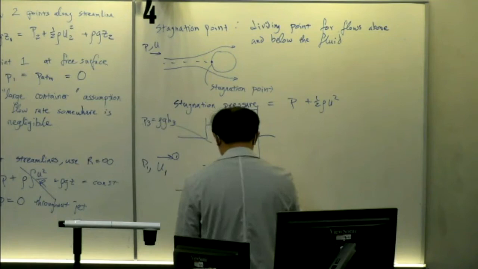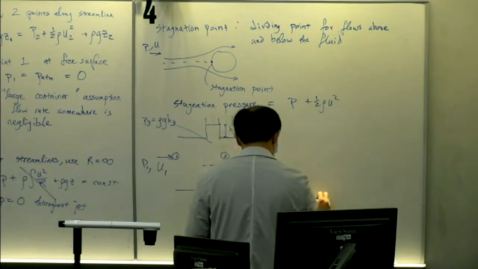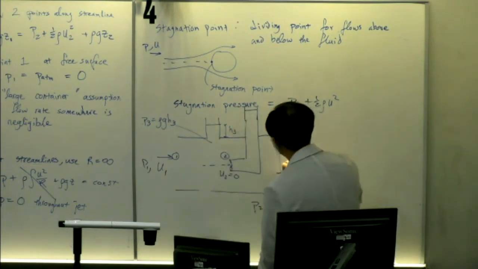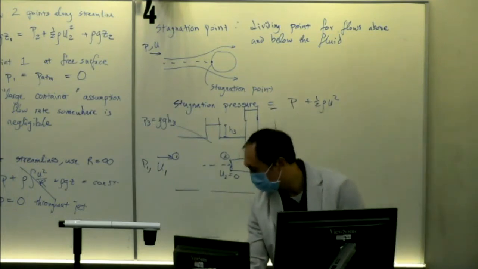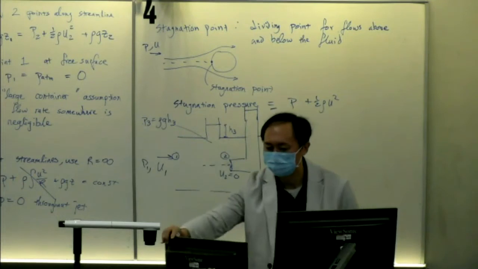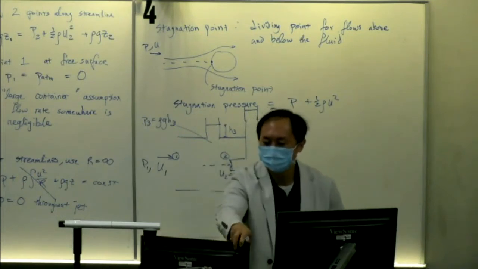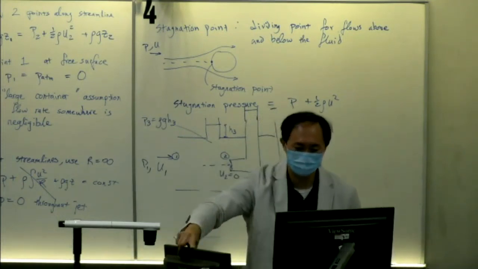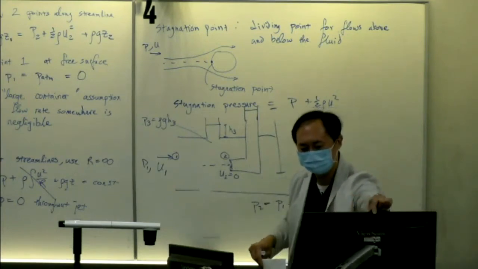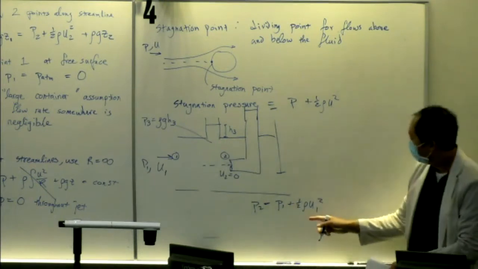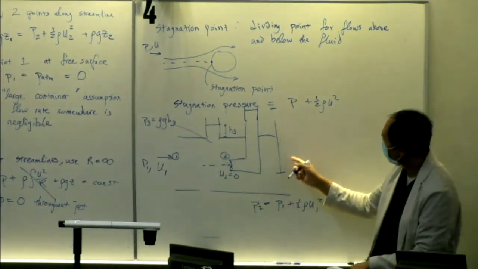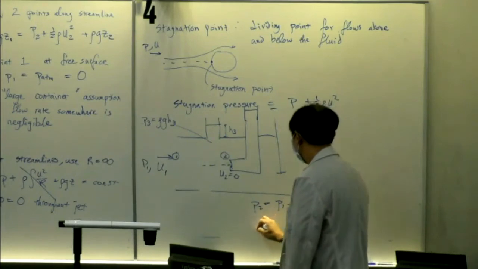And so the pressure that you're measuring, P2, is equal to P1 plus 1/2 rho u1 squared. The pressure that this manometer measures, I'm going to write P2 in two different ways.